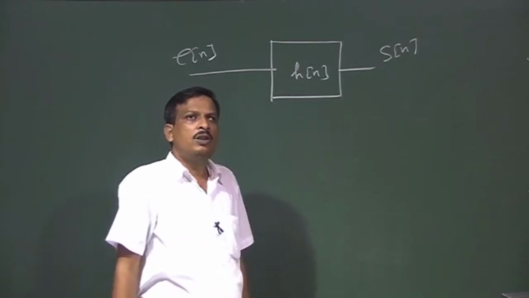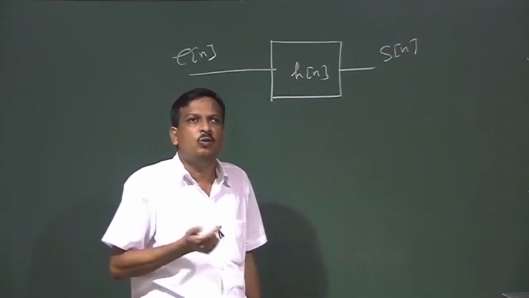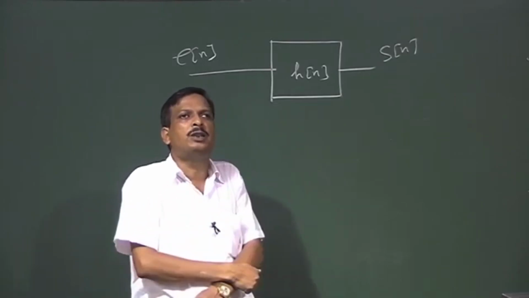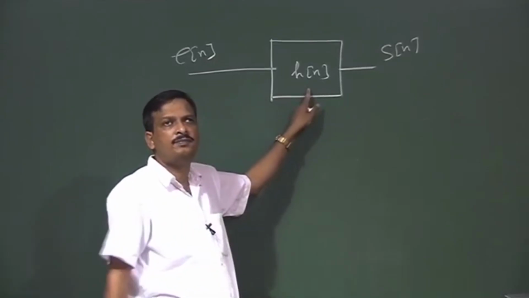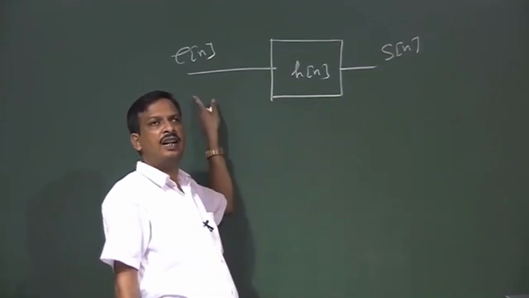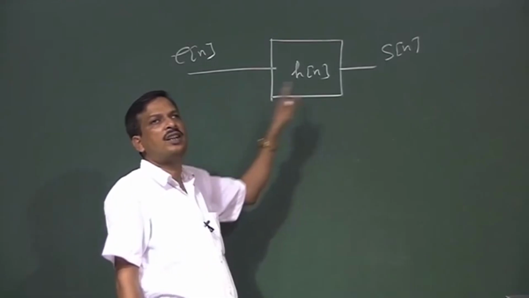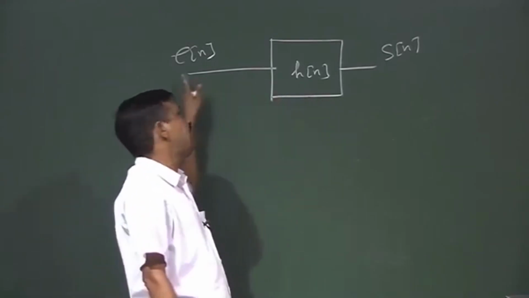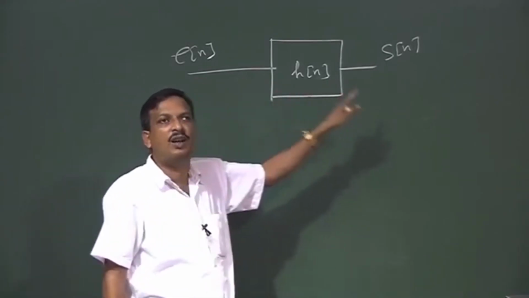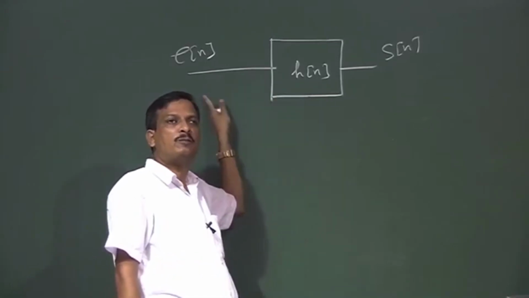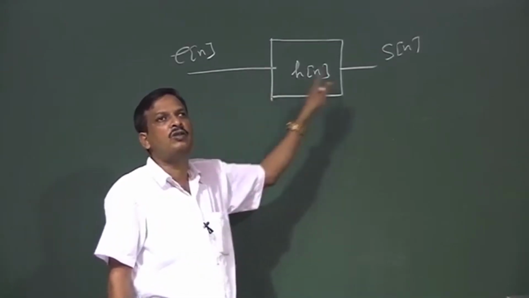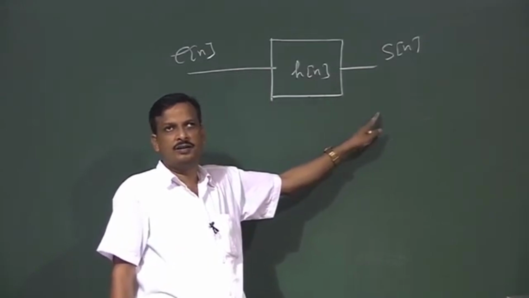Who is responsible for producing different speech events? H(n). E(n) may or may not be present. If excitation is present, we call it a voiced signal. If excitation is not present and there is random noise, we call it an unvoiced signal.